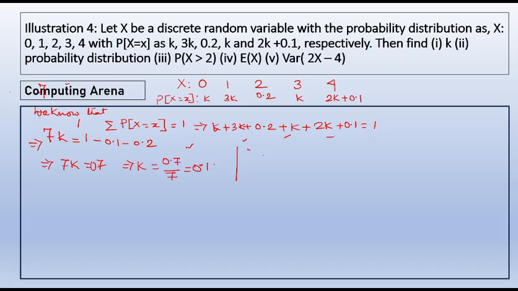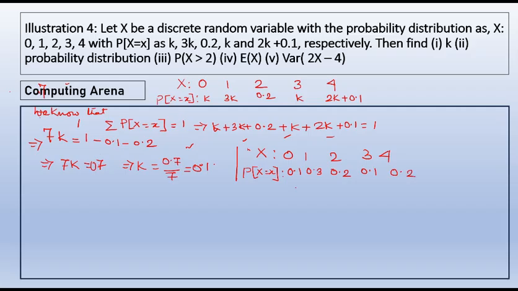Given this, we can now define the probability mass function very nicely. It is taking 0, 1, 2, 3, and 4, and the corresponding probabilities are 0.1, 0.3, 0.2, 0.1, and once again 0.3.